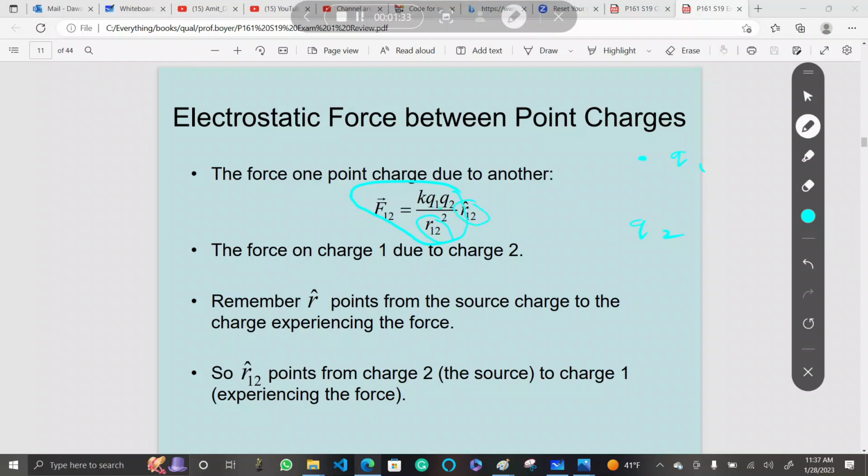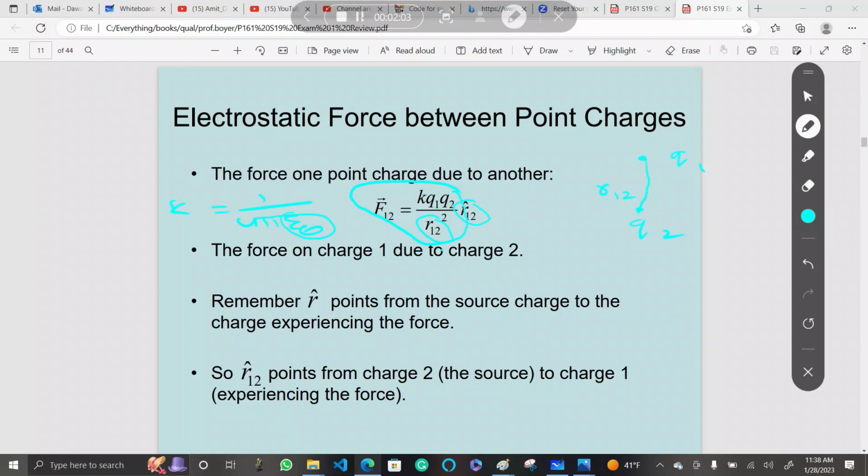So this Q1 and Q2 are the magnitudes of the charges including their sign, and K is 1 by 4 pi epsilon naught, where epsilon naught is the permittivity of free space. Then this R12 is the distance between these two charges, the point charge and the source charge, the destination point and the source point.